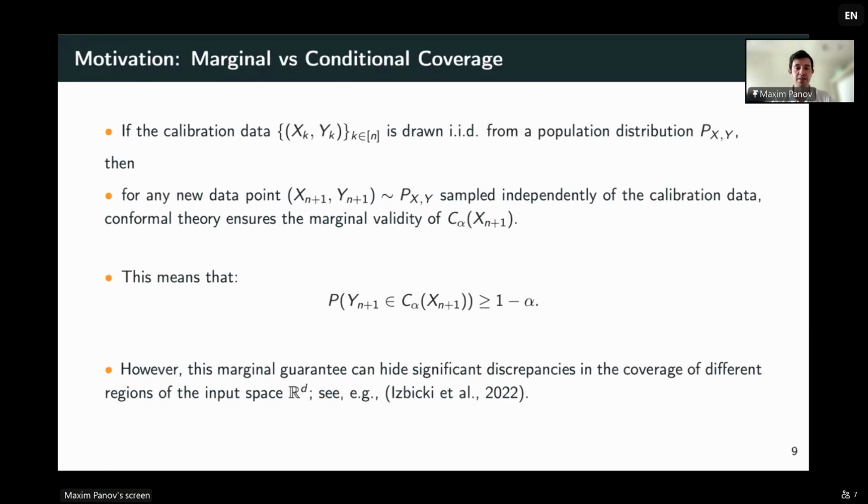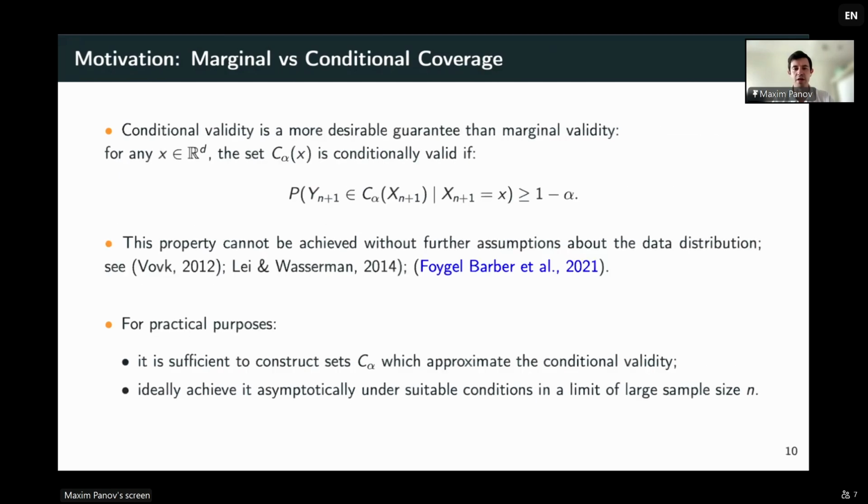So as discussed, these guarantees are marginal. The probability is taken with respect to both x and y. However, we might want something stronger. We might want some guarantees for a particular point x. Ideally, what we want to achieve is conditional validity.